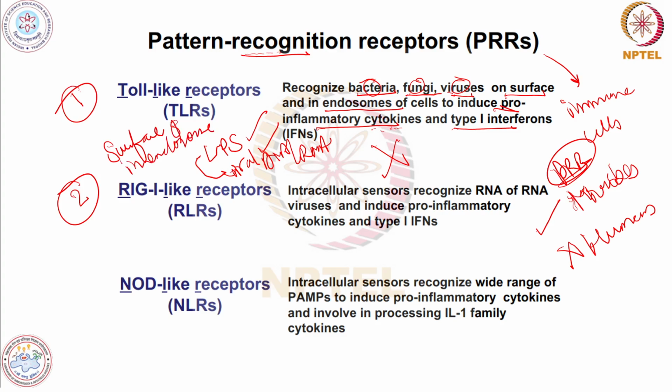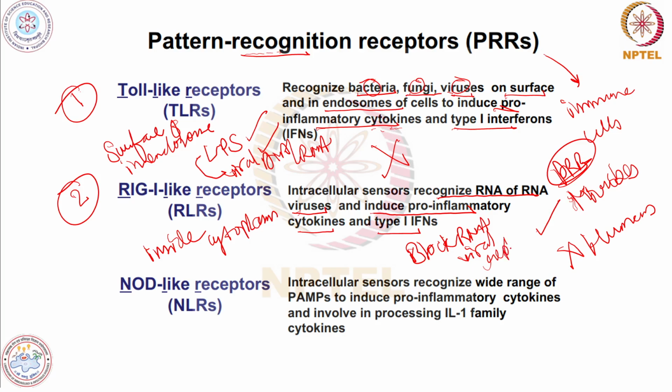The function of the RLRs is to recognize the RNA of RNA viruses, and their response is to induce, again, pro-inflammatory cytokines and type 1 interferons, which will block RNA virus replication and kill them.